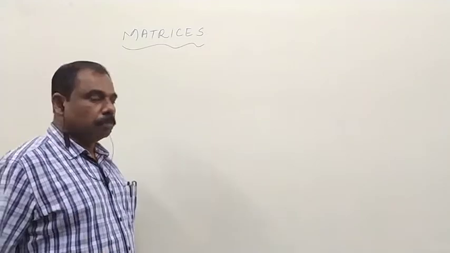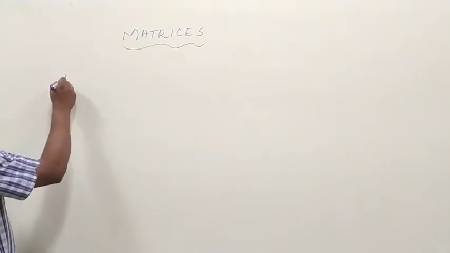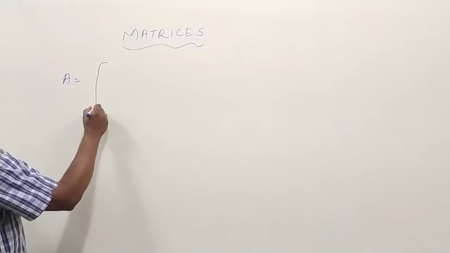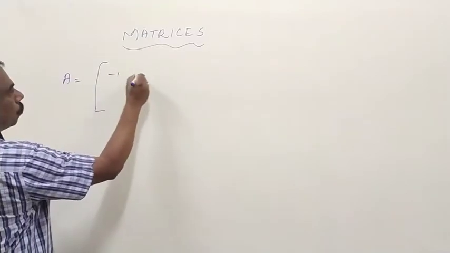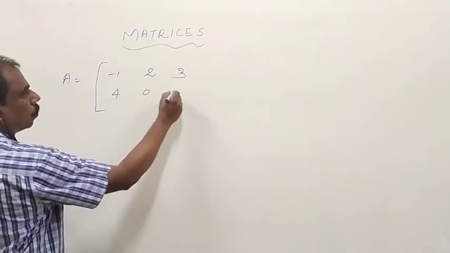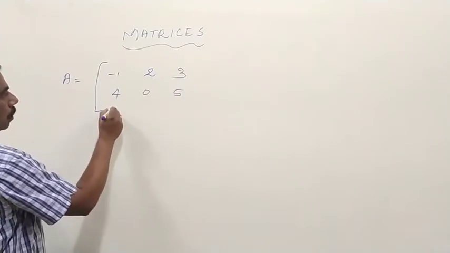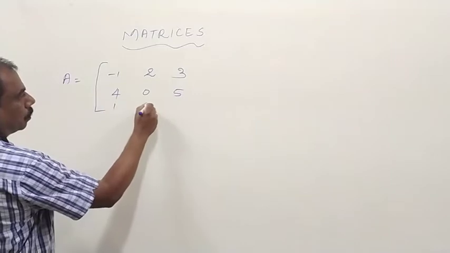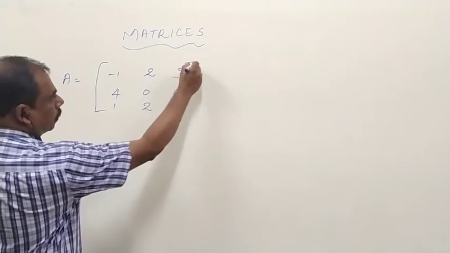Now, we see a few examples. Say A is equal to the matrix with rows -1, 2, 3; 4, 0, 5; 1, 2, 9.